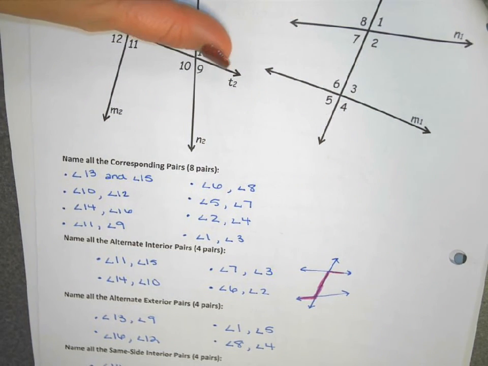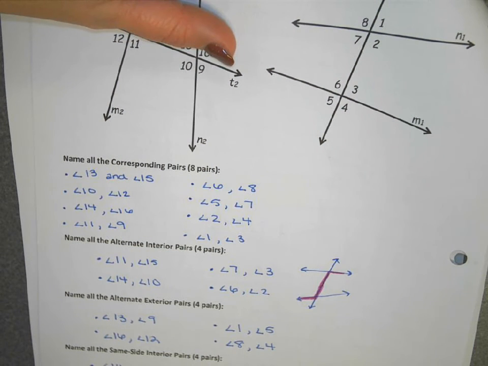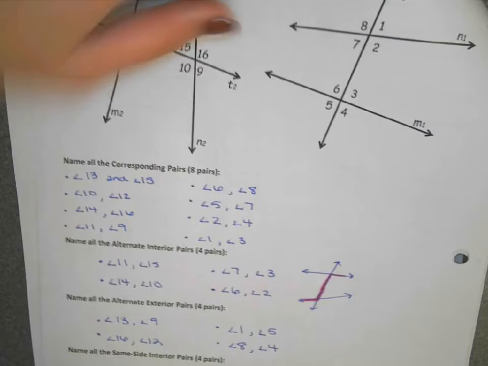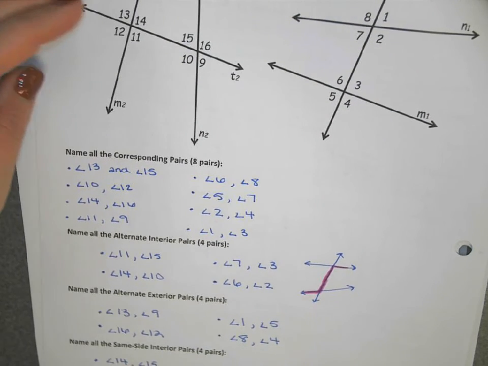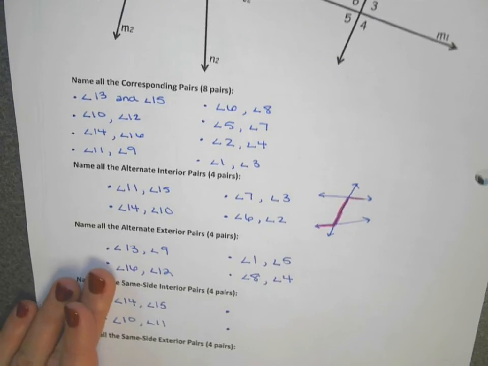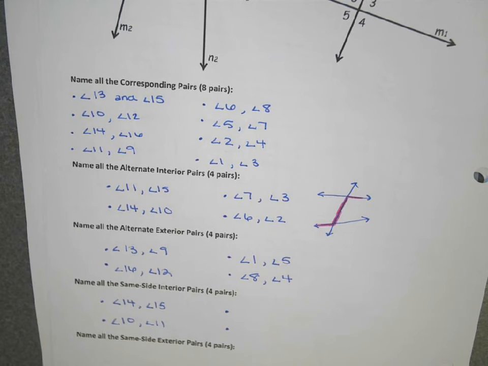How about the ones that are on this side? Go ahead. 11 and 10. Okay, it doesn't matter the order that you're writing them in, because it's a pair. Order doesn't matter, they're just a pair. All right, that means we got the 2 that are on the left. Let's look at the right diagram.